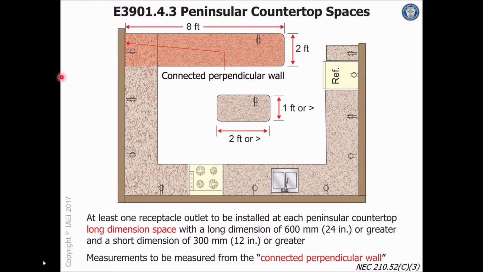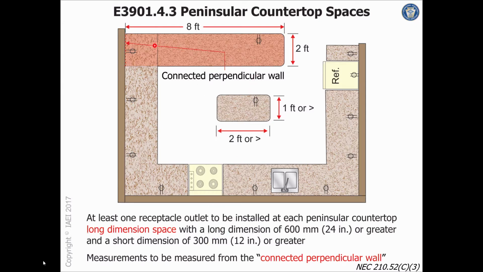So I don't think this was the intent of Code Making Panel 2 during the 17 code revision cycle, but the language we ended up with, if I put a receptacle at the end of this peninsula right here, nothing says it can't be there, but a receptacle located right there could not serve as the required receptacle for this peninsula.